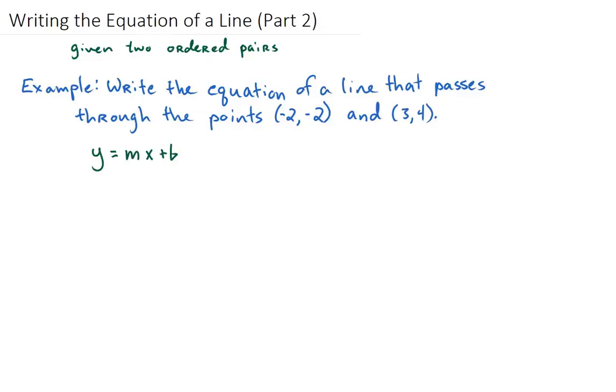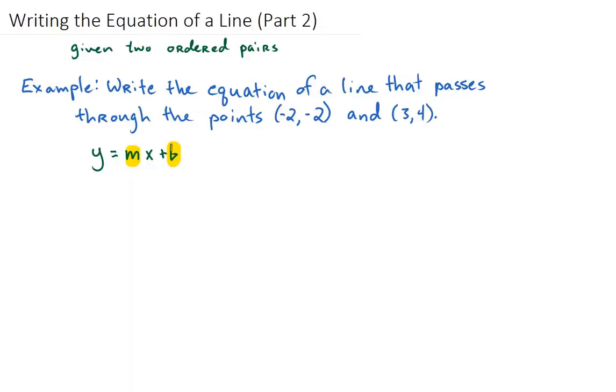And the numbers that we're looking for to fill out what the equation of the line is are the m and the b. Sometimes they actually tell us the slope, which is nice. Sometimes they actually tell us the y-coordinate, which contains the b, which is nice. Sometimes they don't tell us any of that, such as in this example. So we need to determine the slope and we need to determine the y-intercept.